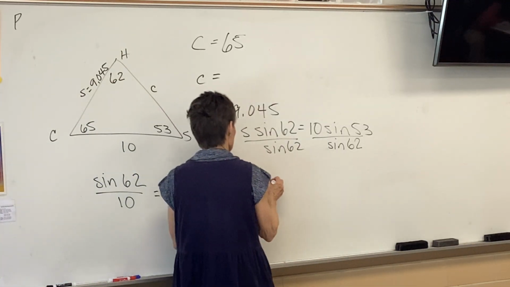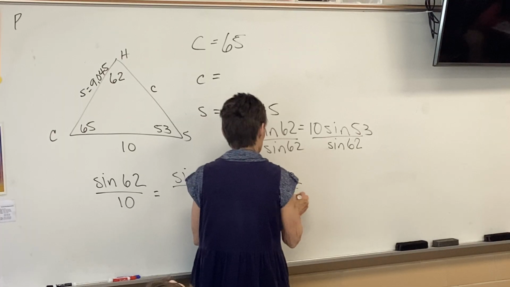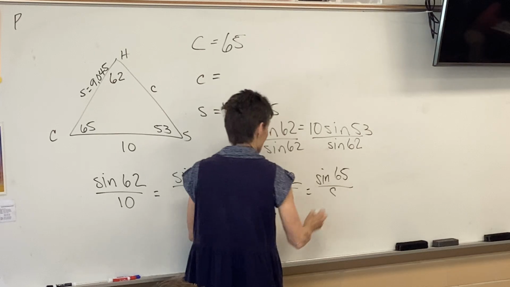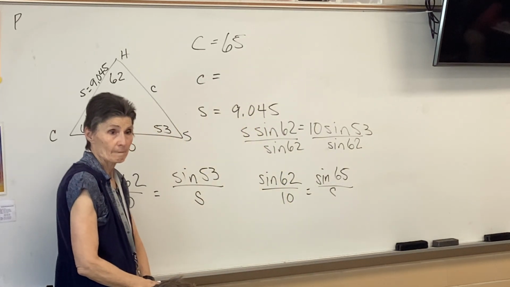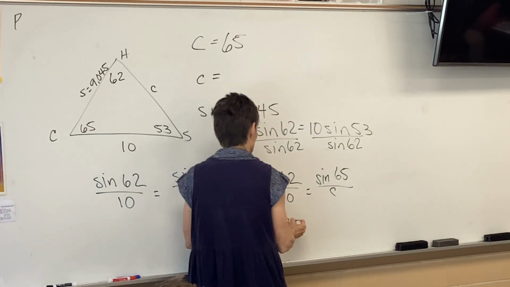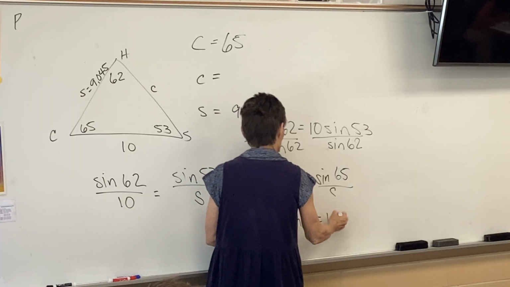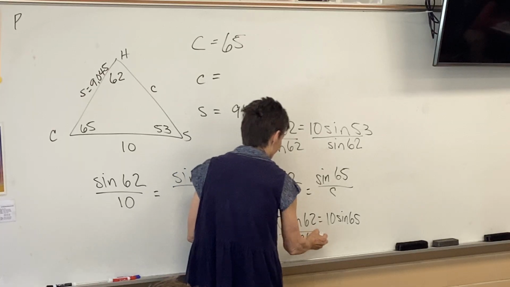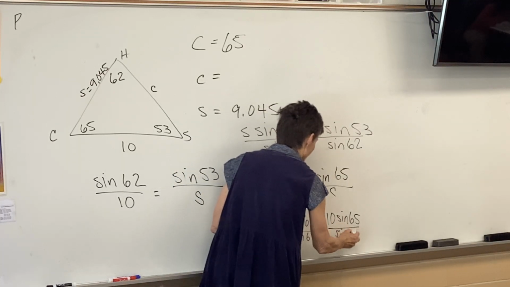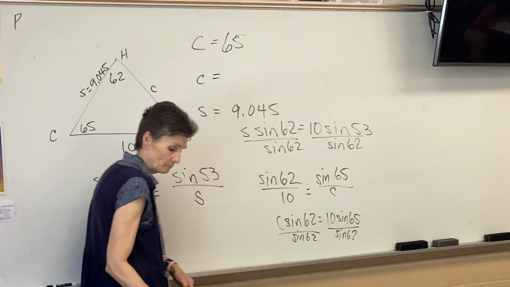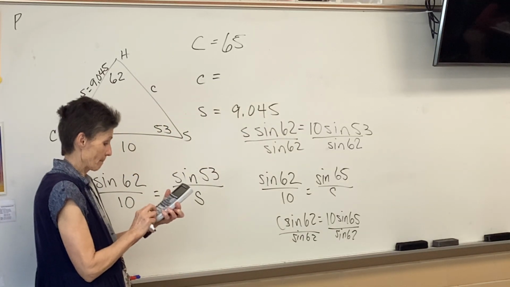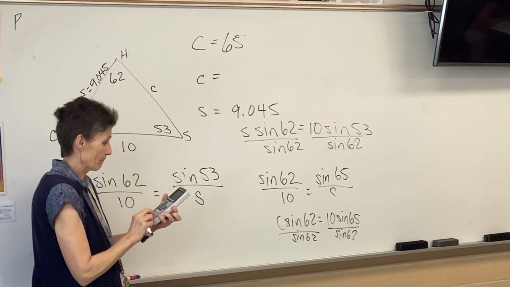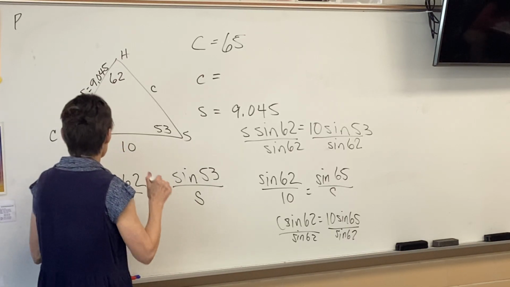Sine 62 over 10 equals sine 65 over C. Boom. 10.265.